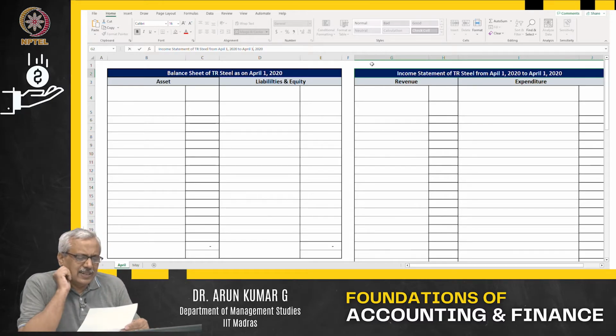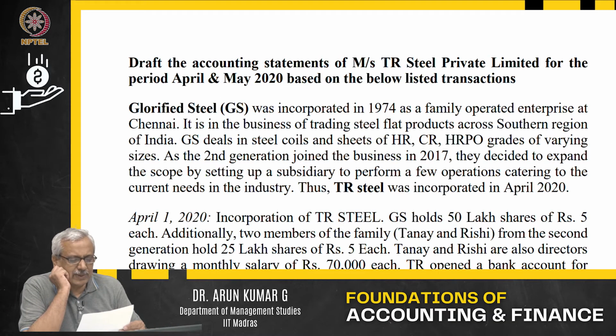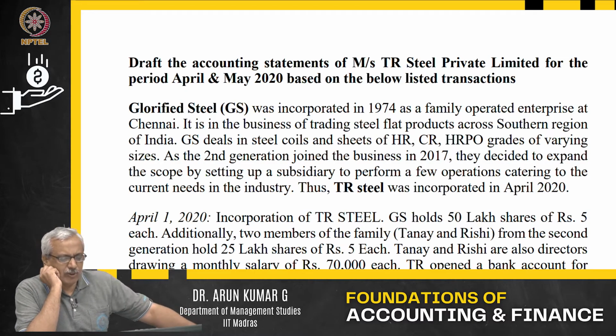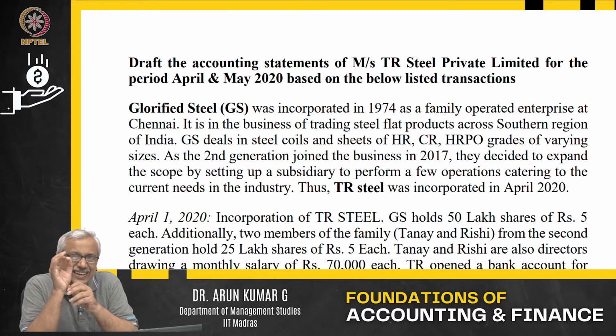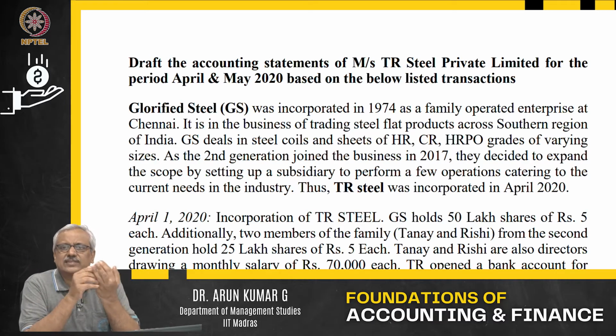Now, let us draft the accounting statements of TR Steel Private Limited for the period April and May based on the below listed transactions. They have given you a set of transactions, so you have to record those transactions.